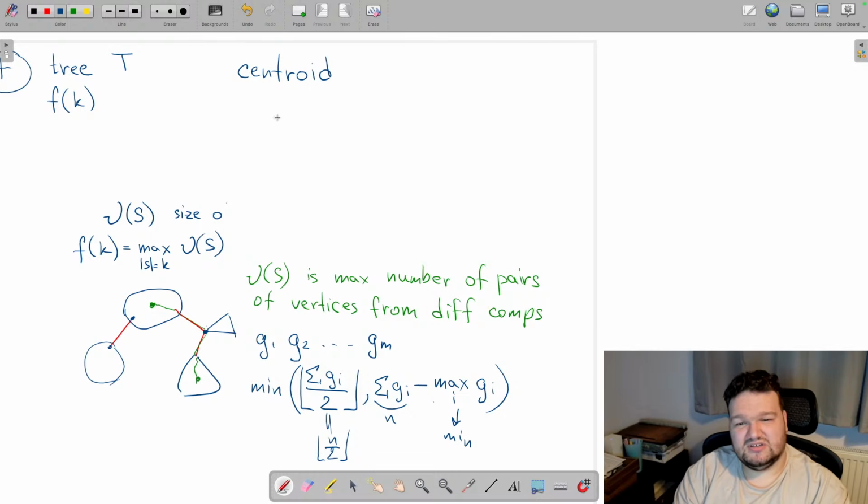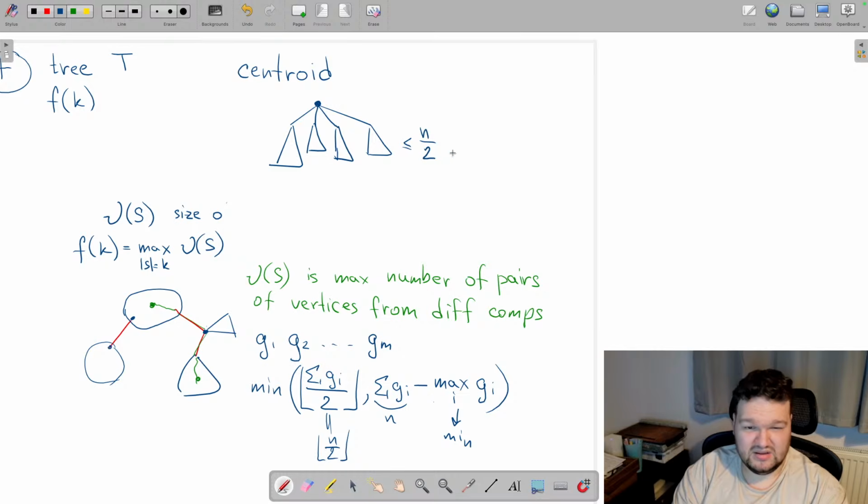So for every tree there exists at least one and at most two vertices, such that if we remove this vertex from the tree, the sizes of all the remaining components will be at most n over 2.